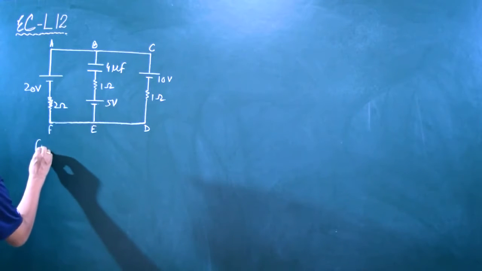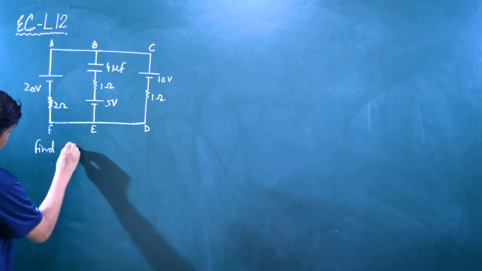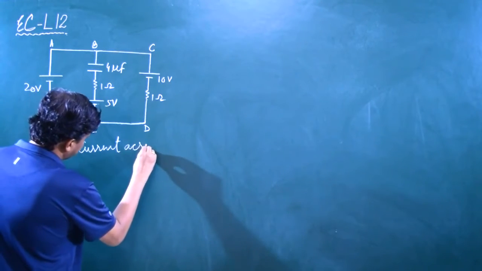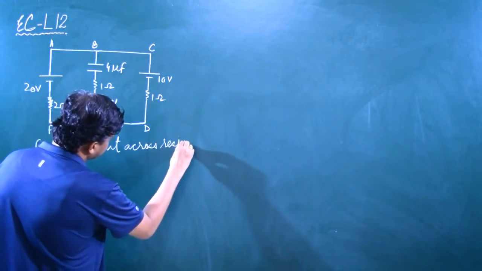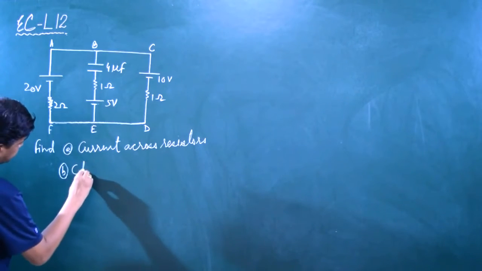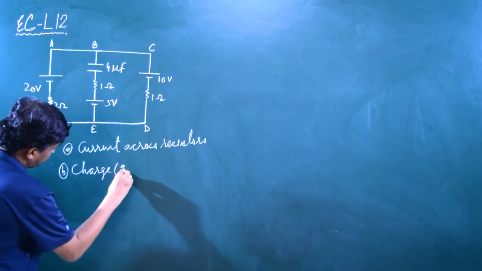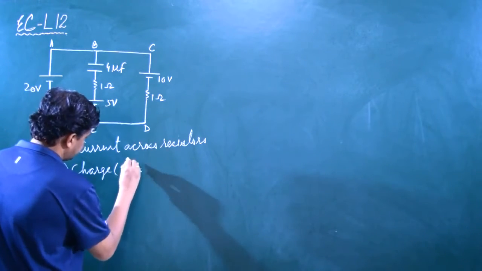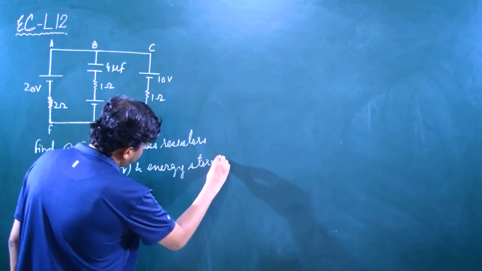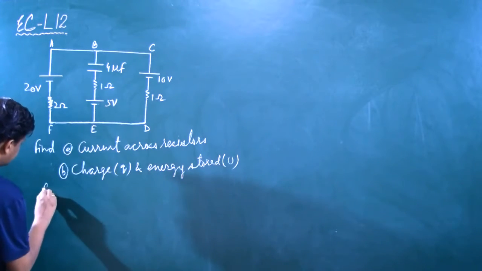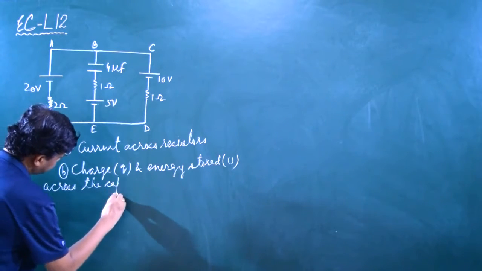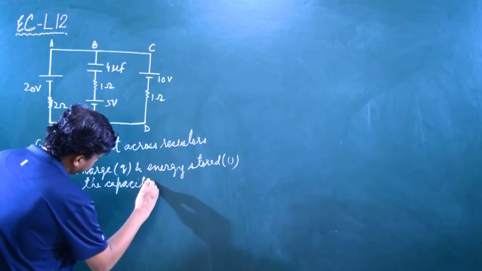First part, the current across resistors, charge Q, and energy stored across the capacitor.